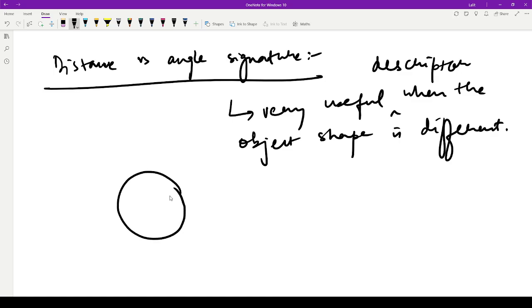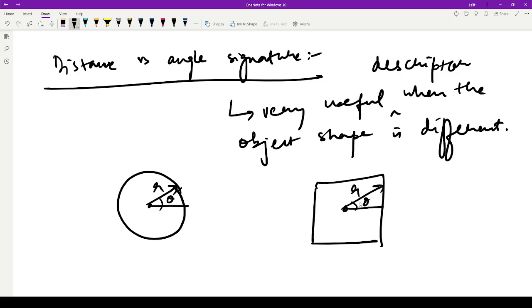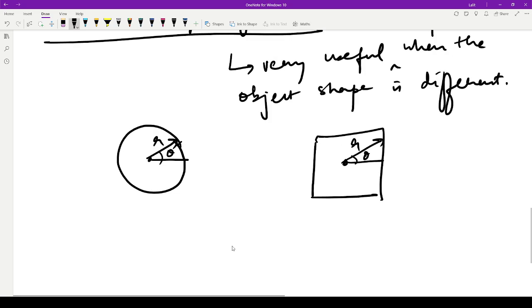So if we have an object like this, which is circular, and an object like this, which is a square, if you take the center of it and then measure distance along the angle from the center, from the x-axis, then what you get is a graph like this.